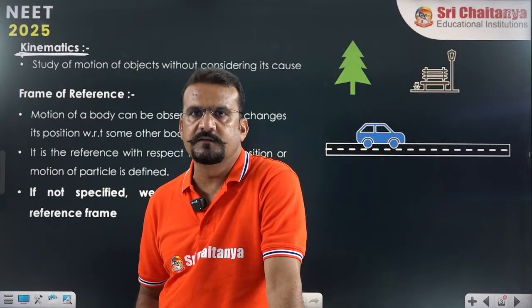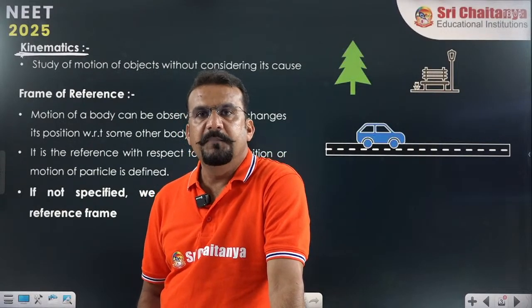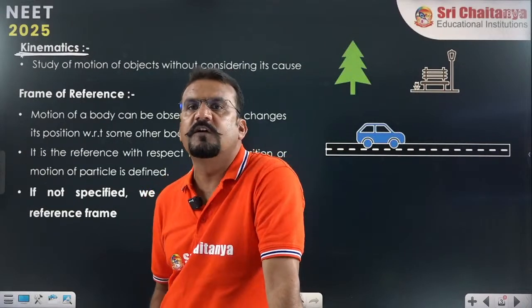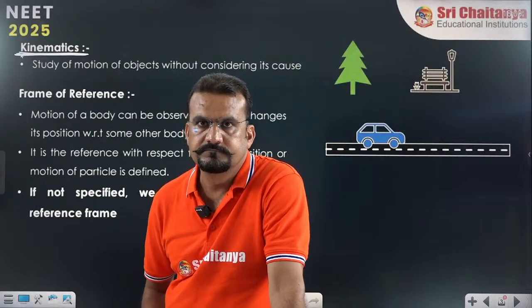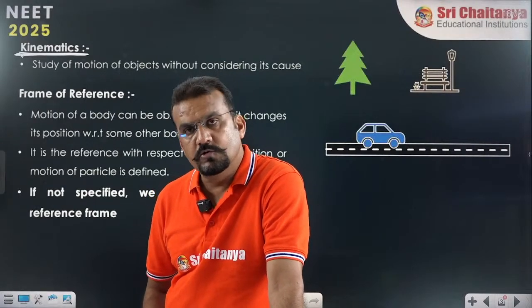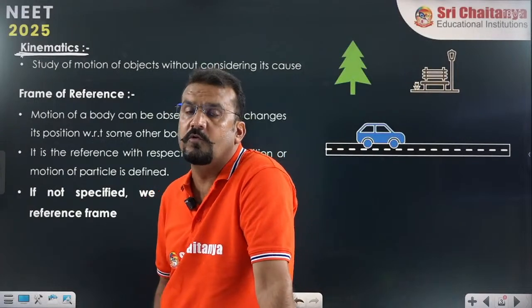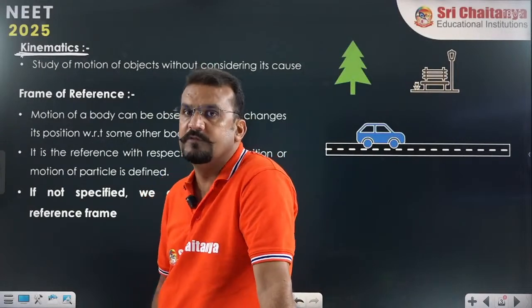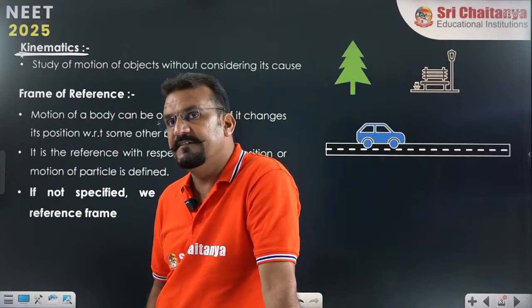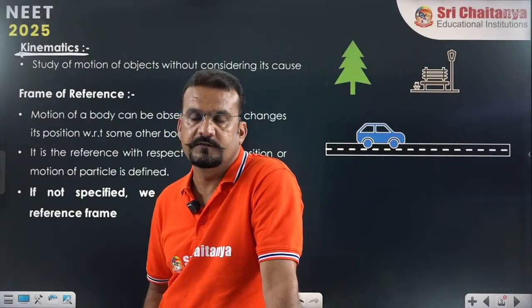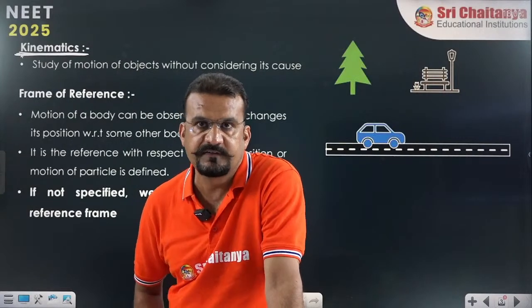That is also motion. The only basic difference is that in kinematics we don't know the cause of the motion. It means if a body is moving, it is moving, but we don't know which factors are affecting that body to move. But when we discuss dynamics, let us assume when we discuss rotational motion, that is called rotational dynamics.